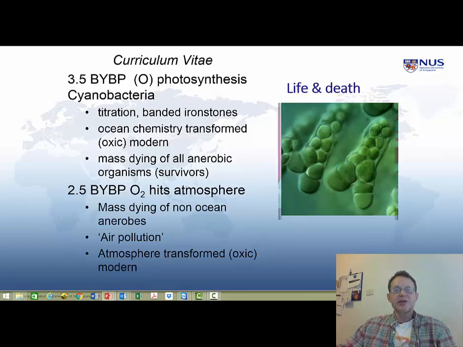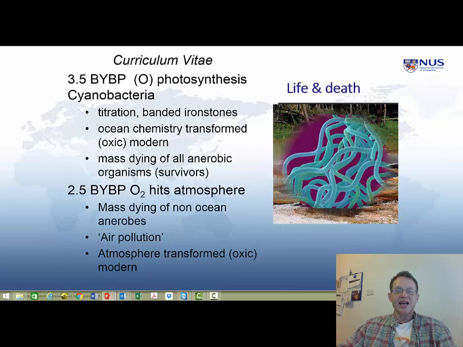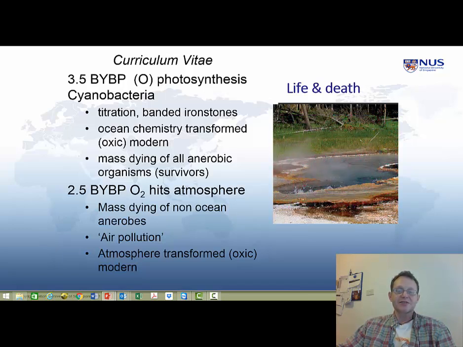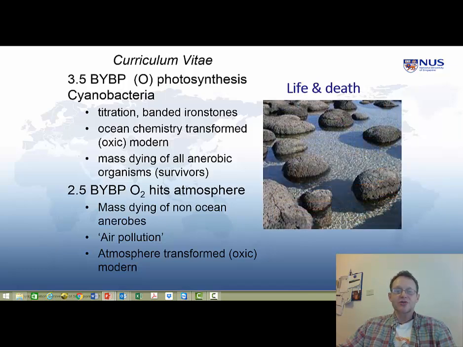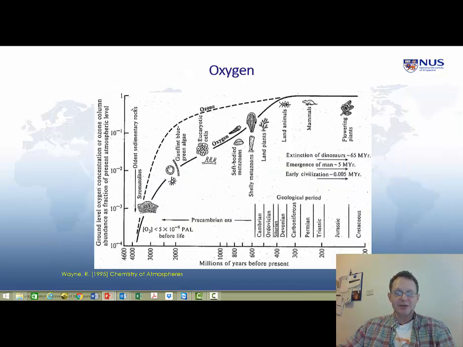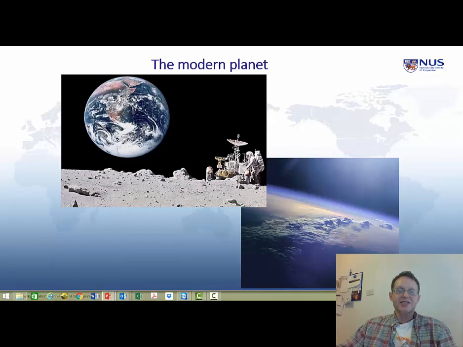So we've started at the beginning, we've gone through the original reduced atmosphere, we've looked at the impact of life on the equilibrium atmosphere and how that has eventually got us to our current oxic atmosphere, which brings us up to now. So in the next final part of this lecture, we'll be looking at the modern planet, modern atmosphere and oceans.